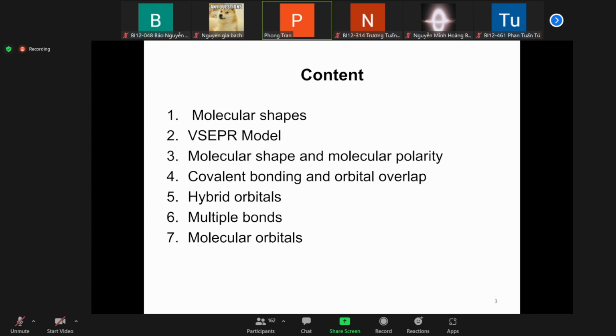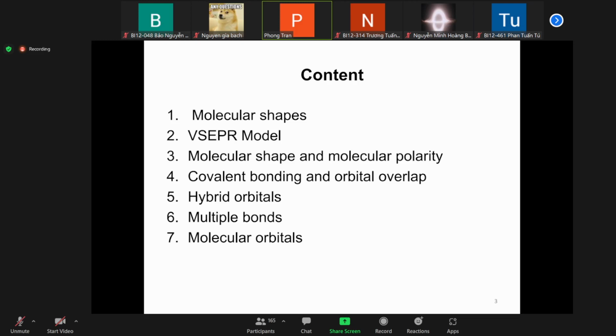Now we will discuss how orbitals can be mixed. We combine the orbitals s and p to make sp hybrid orbitals. You mix orbitals s, d, and d to have sd d hybrid orbitals.